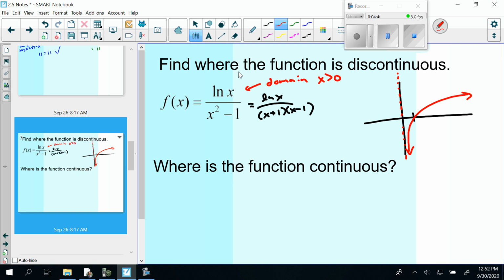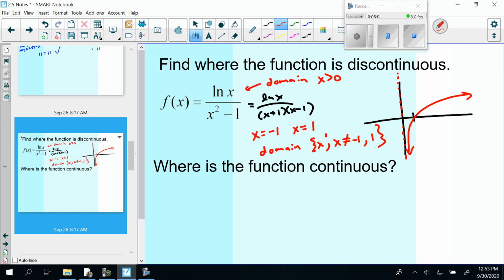Because we can't have division by 0. When we put these equal to 0 and solve them, we get x equals -1 and x equals 1. And so the domain of this bottom is all the x's where x can't equal those two values.